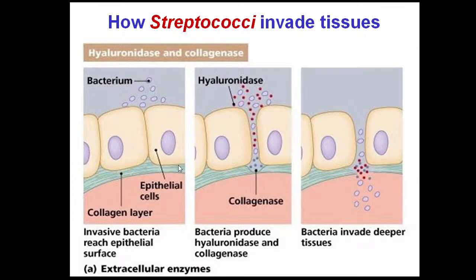So then, bacteria may start producing enzymes that interfere with the cell cement, the hyaluronic acid. So the enzyme is called hyaluronidase. This is an extracellular enzyme or exoenzyme. What does it mean? Bacteria produce this enzyme and secrete it outside. And outside the bacteria, this enzyme finds its substrate and dissolves it, right?